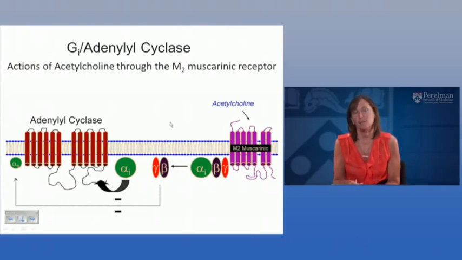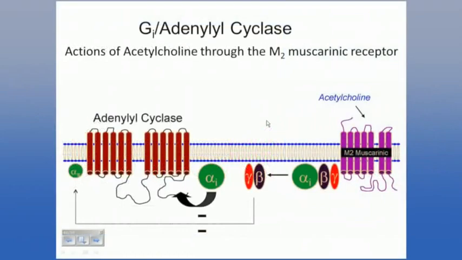Remembering again, the effector coupled to the GI protein is adenyl cyclase also. In this situation, it's an inhibitory response. The example that I'm showing you here is acetylcholine, the natural ligand, binding to the muscarinic receptor. This is one of the receptors that mediates the activity of the neurotransmitter acetylcholine, which is central to the parasympathetic nervous system.